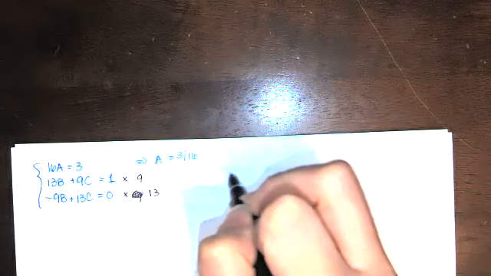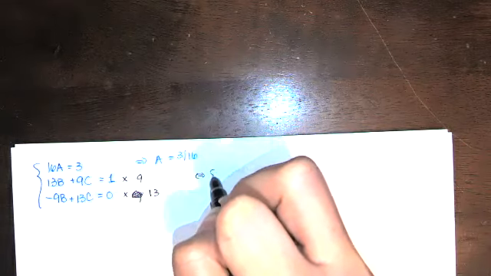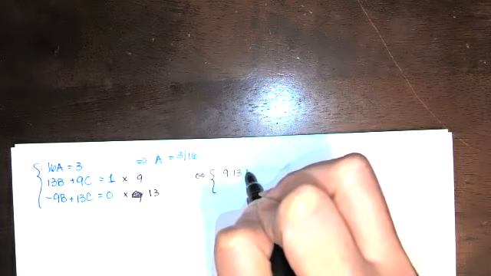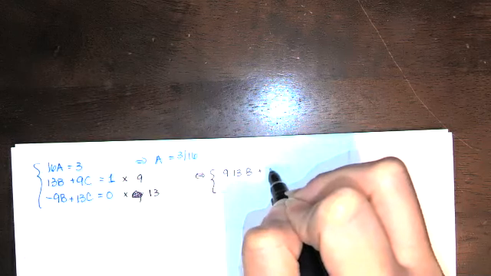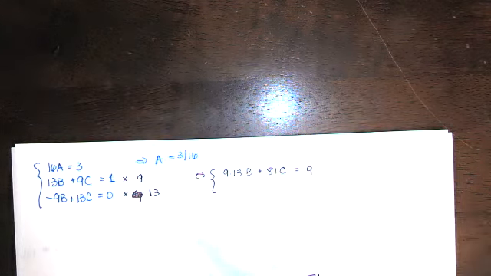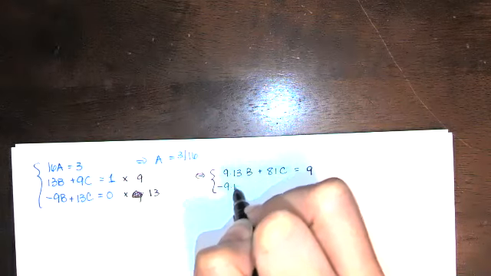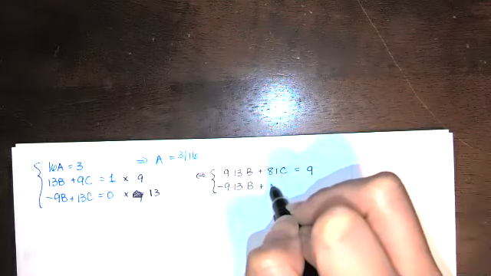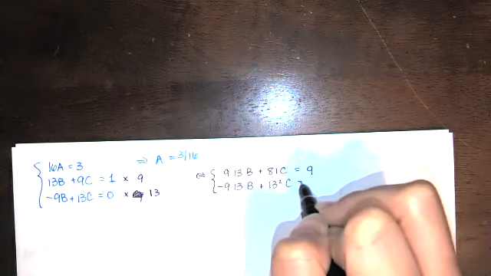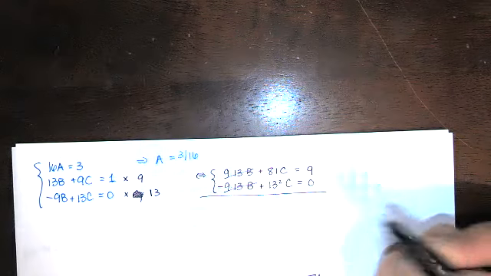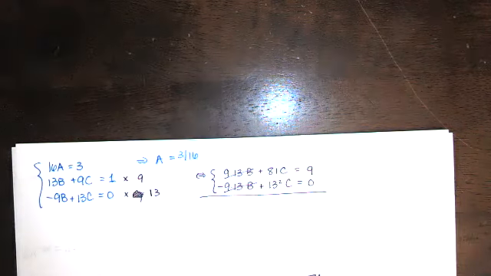So we'll have just these two now. 9 times 13 times b plus 9 times 9 is 81 times c equals 9. And then this one, when we multiply by 13, we're going to have negative 9 times 13 times b, and then 13 squared times c equals 0. And when you add them together, you get 81 plus 13 squared times c equals 9.